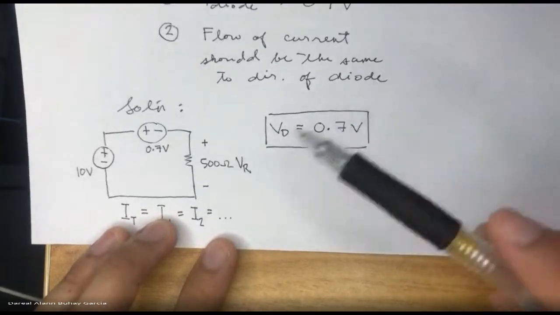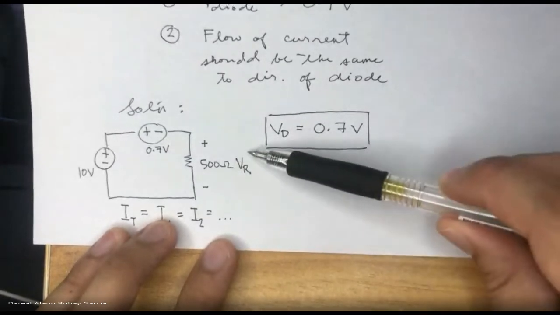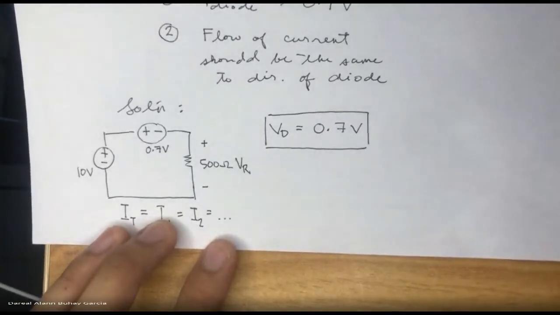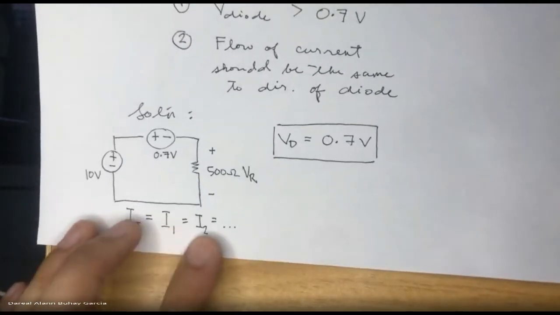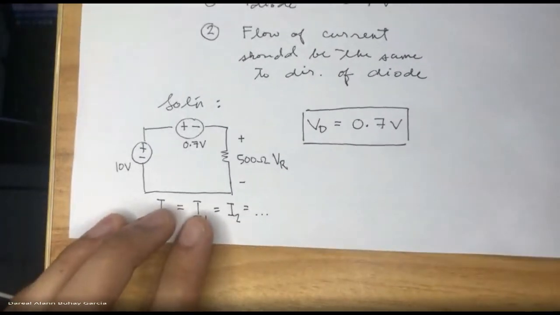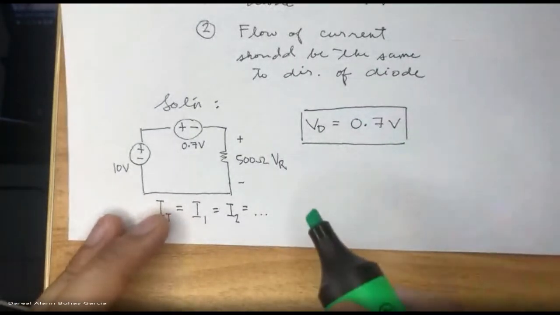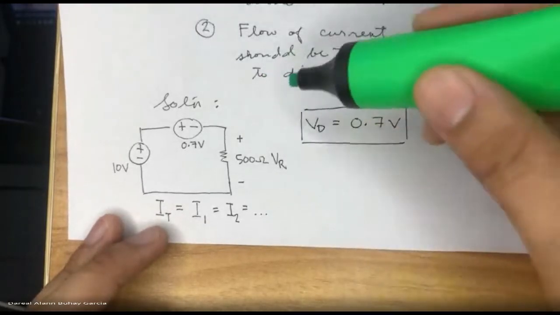Using Kirchhoff's law, how much do you think is the voltage drop ni resistor? 9.3, sir. Okay, 9.3. It will logically follow.